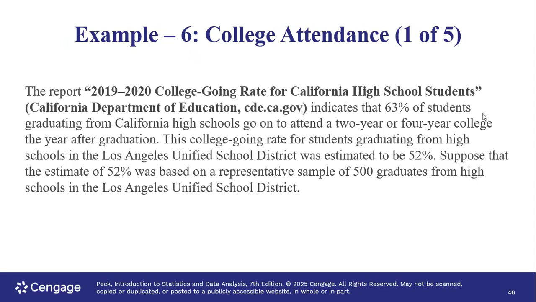Highlight TESTS, which means move the cursor under the stat key to TESTS on the top line, and then scroll down to number 5, 1-PropZTest. p0 is the value in the null hypothesis, which is 0.63. My X value, the number of successes, is 260. My n, the sample size, is 500.